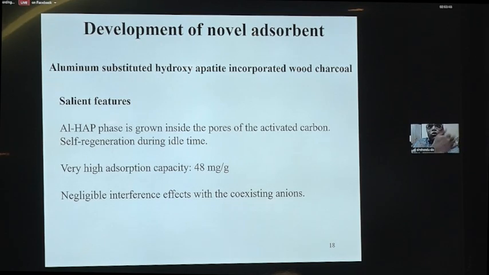Therefore, the outer surface of the carbon is again available for fluoride adsorption the very next day. So we call it auto-regeneration or self-regeneration. That particular feature is observed in this particular adsorbent. Therefore, it has a very good performance and a very long life.